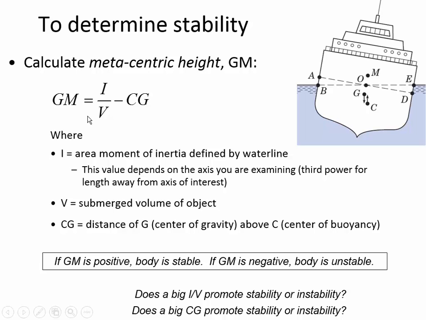So how can we make a ship more stable? If you look at this formula, a positive GM means that it's stable. A negative GM means it's unstable. And so stability is when this first term is big, and instability means the second term is large. So let's think about loading the ship.